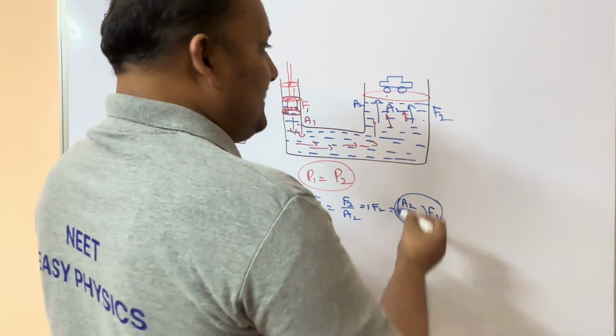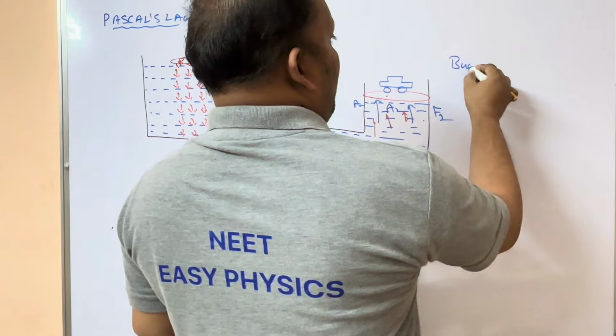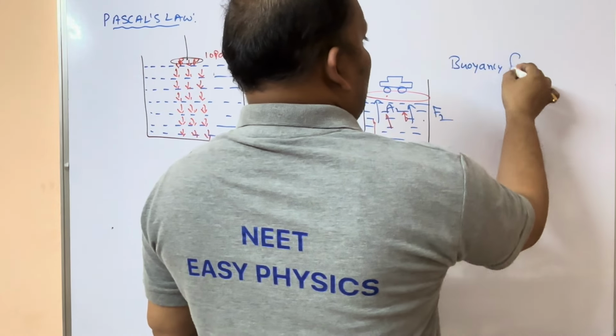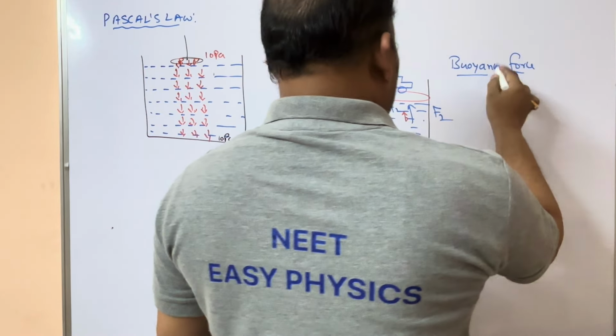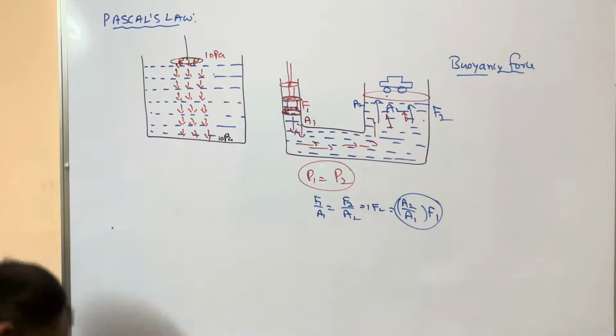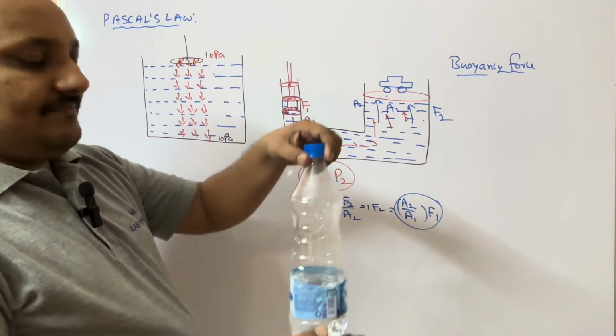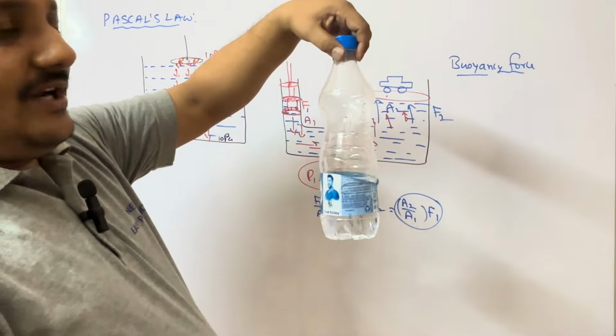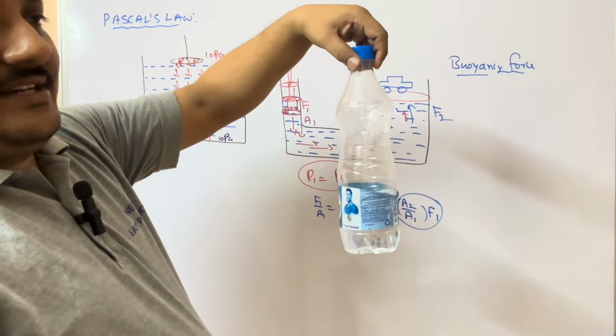Now what is the buoyancy force? If you take any object in the air, let us assume a water bottle, and hold it like this, you will feel a little bit of weight.